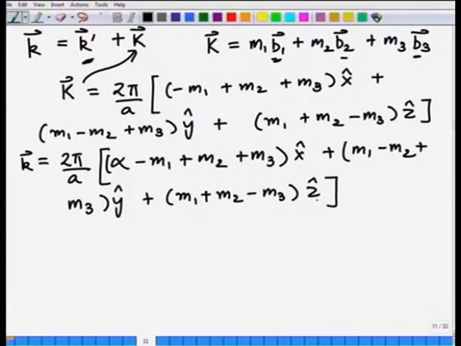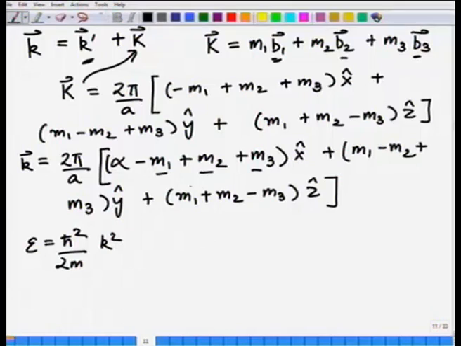And now I can substitute different values of m1, m2 and m3 in this expression and calculate the free electron energy, h squared over 2m times k squared.